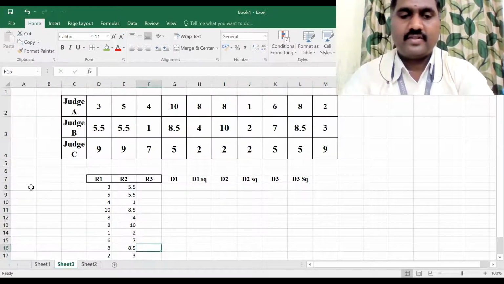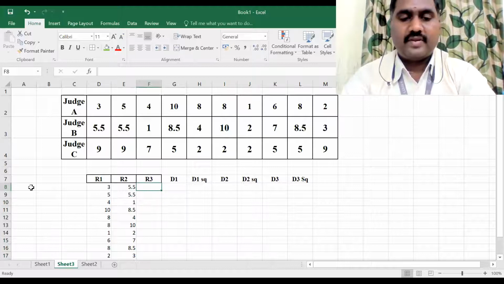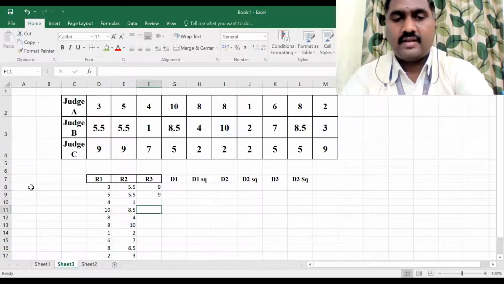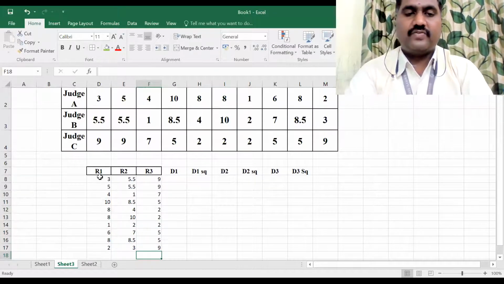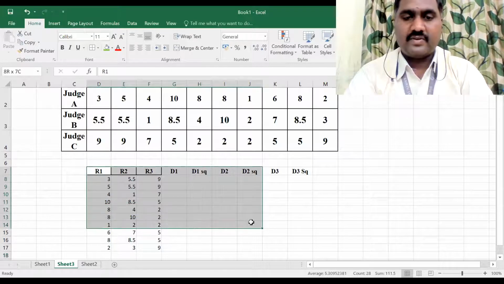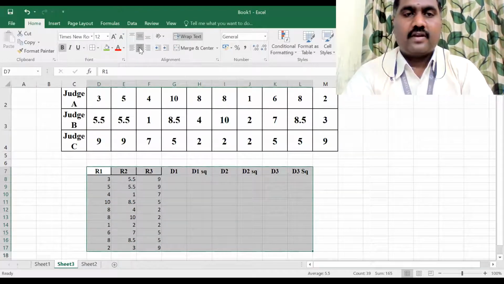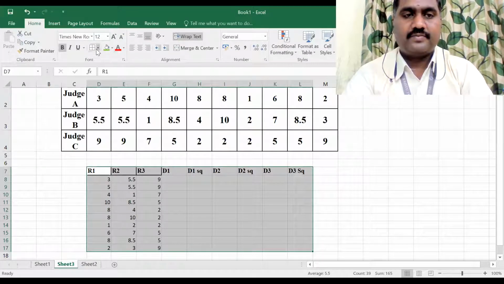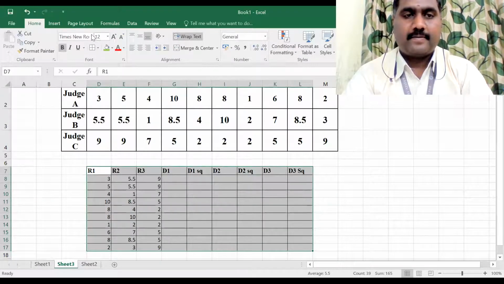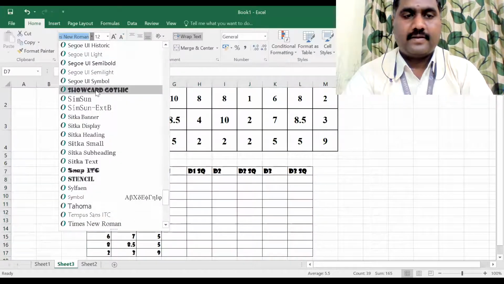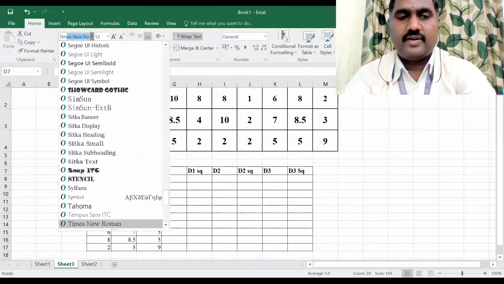And the rank given by judge 3 is 9, 9, 7, 5, 2, 2, 2, 5, 5, 9. Now is it clear? So we have written the given rank values in the Excel sheet, and we are going to find out the D1, D2 values now.